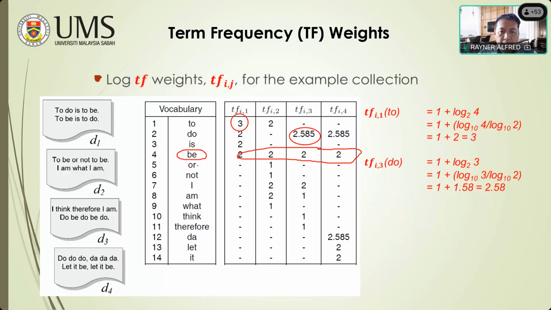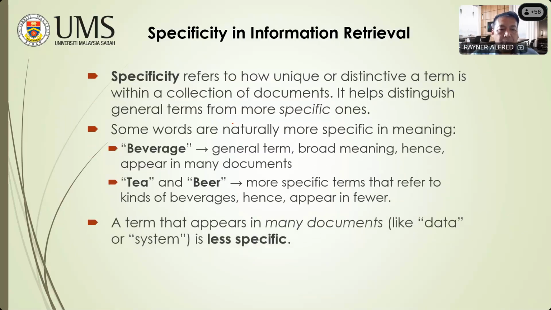If you look at the weightage here, these two are only unique to document 3, so they are very useful. This term, although it has a big weightage here, cannot be used to differentiate documents 1, 3, and 4. A term that appears in many documents is less specific, so we don't want it, and we want to remove it.